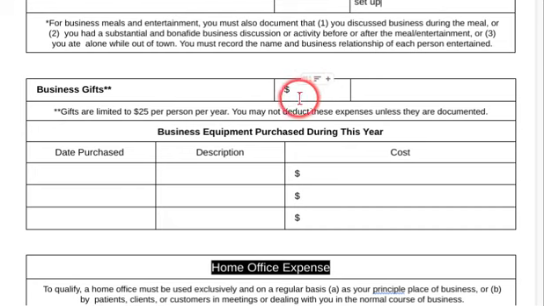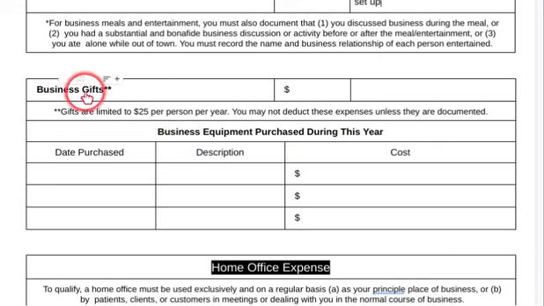I would put if it was a total of 200, and then 100 from Bob, 100 from Susan on September 1st, on September 3rd for donation.